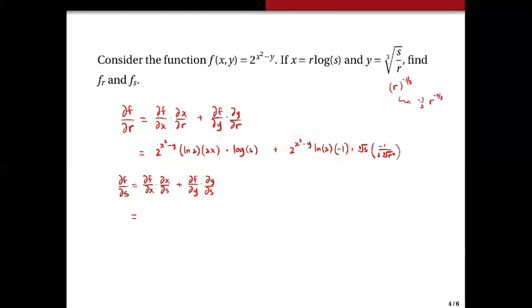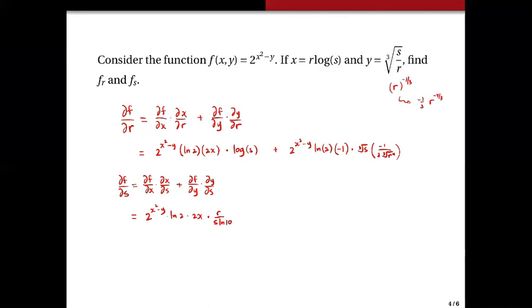So anyway, we will have 2 to the x squared minus y times ln of 2 times 2x. Now, partial x with respect to s, this is what? R over s ln of 10. Correct? R over s ln of 10.